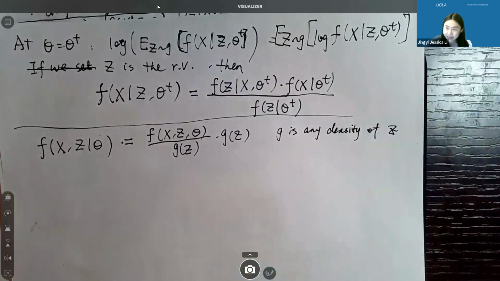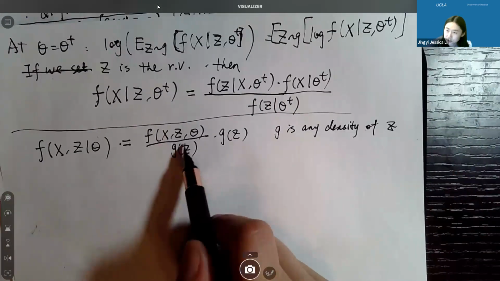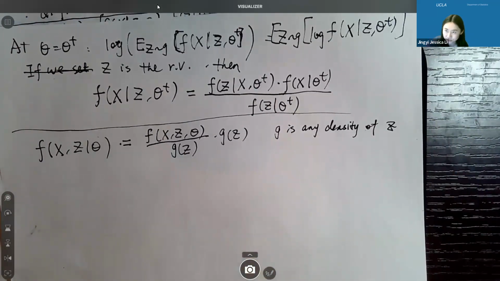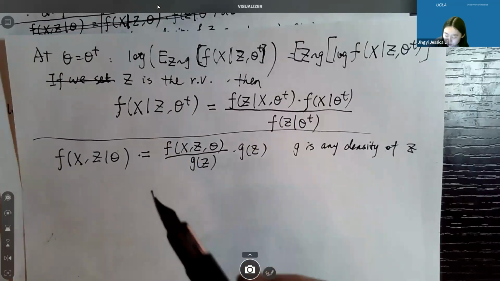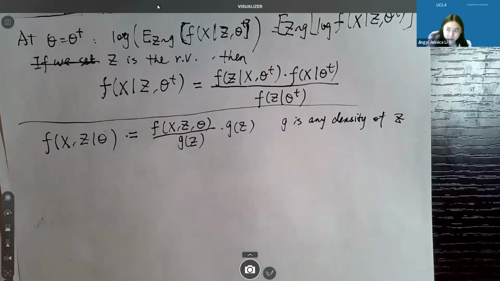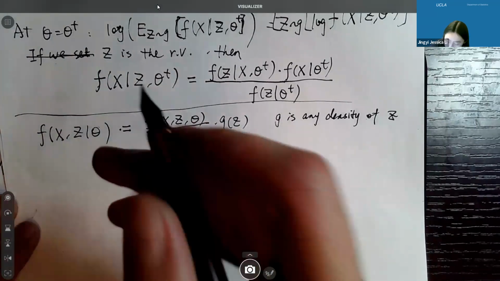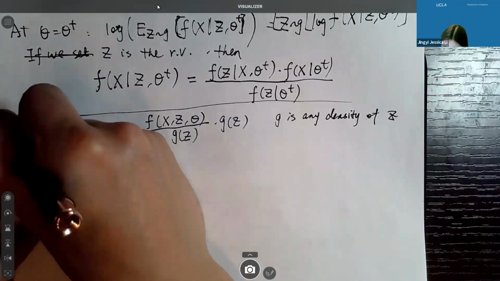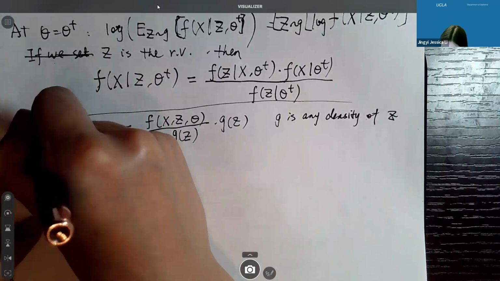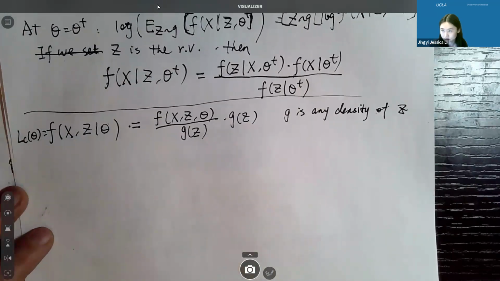This is the key. I cannot just simply write this as the conditional, because if g does not follow the distribution of z given theta, then that's wrong. So I made a mistake there. But now, this is what we call the complete likelihood. No issue with this.